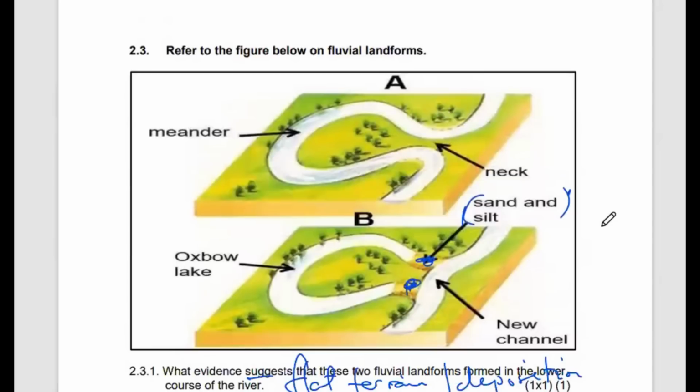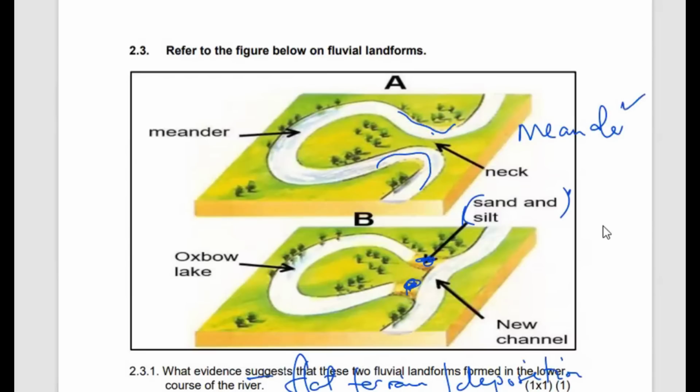Right, in sketch A, you can see that our fluvial landform in A is a meander. This one is a meander, which is a bend along the river channel. We are seeing the river is bending like this.